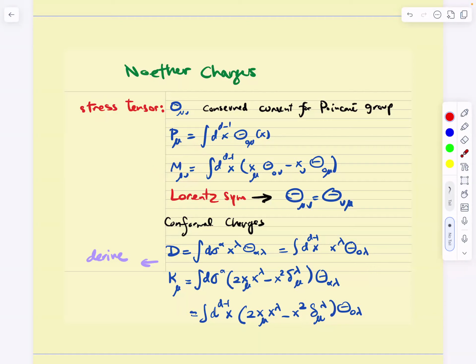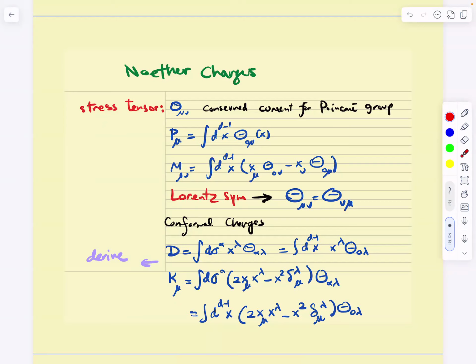And we saw that Lorentz symmetry would require that theta mu nu is symmetric. So one interesting lesson here is that if you have translation invariance in space and time, but not Lorentz symmetry, you do have a stress tensor, but it need not be symmetric. We talked about that in part 1 of QFT.